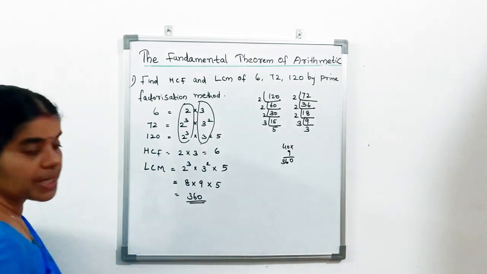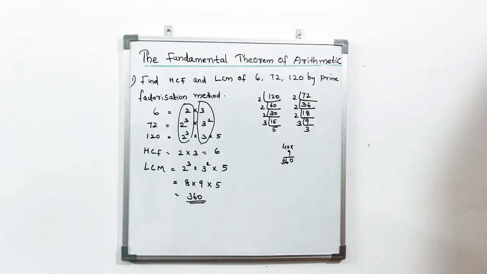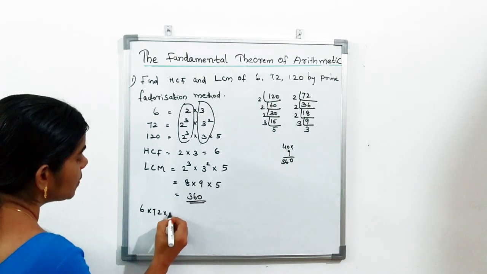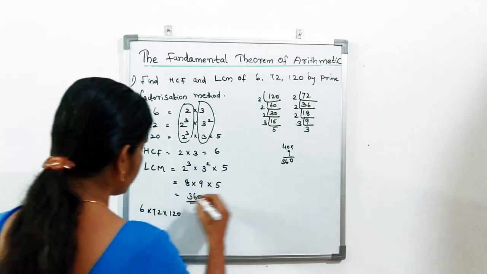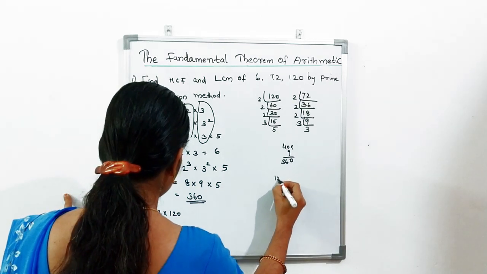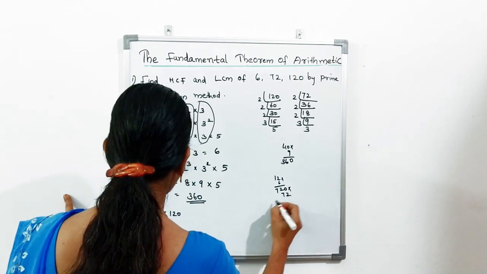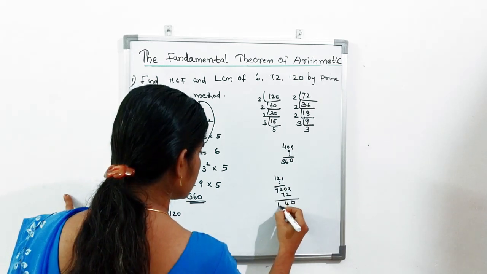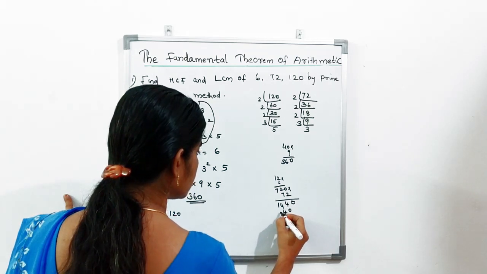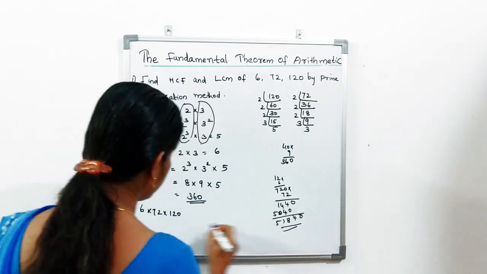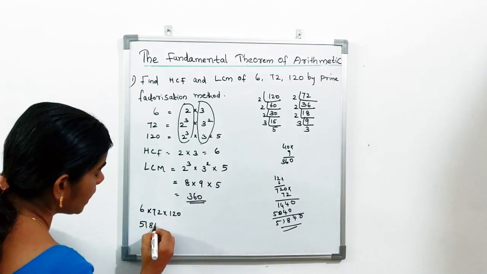And I already told, if you are finding the HCF and LCM of 3 numbers, that result is not true. If you want, you can verify that. 6 into 72 into 120, we want to find out. 720 into 72, thus you are getting 51,840.